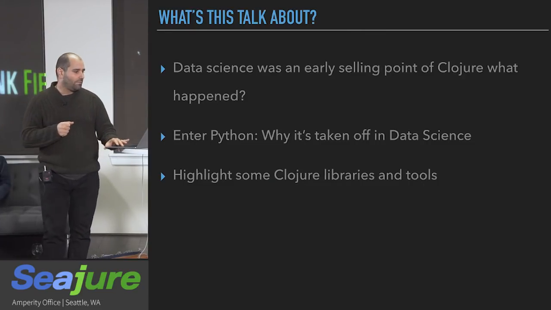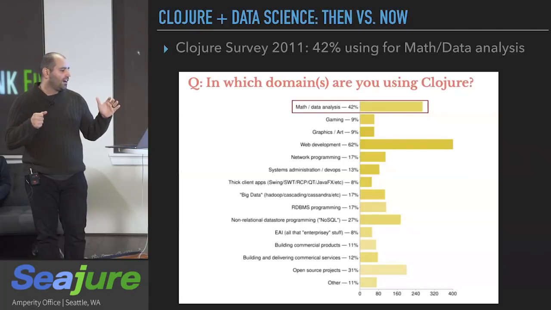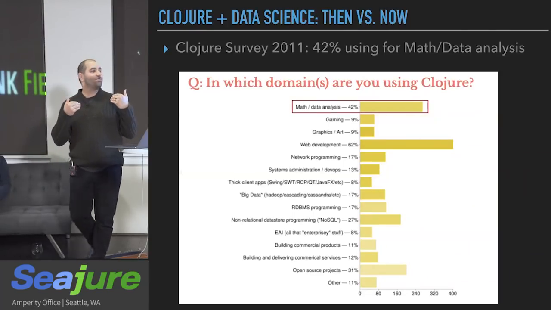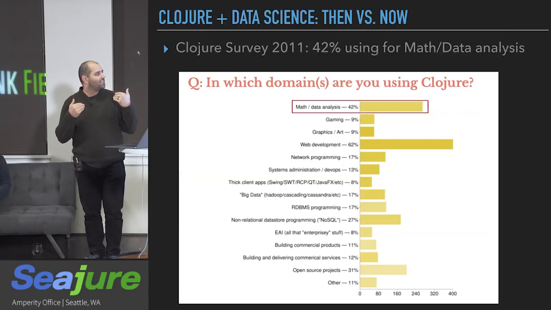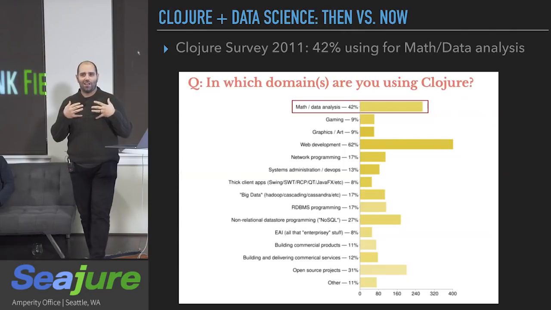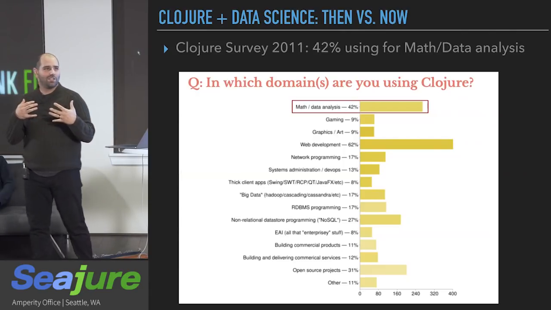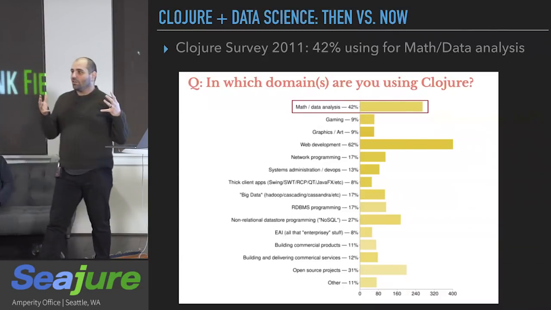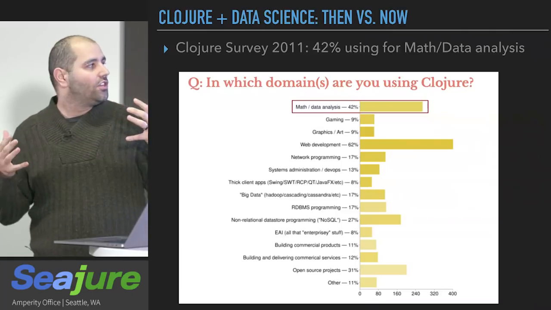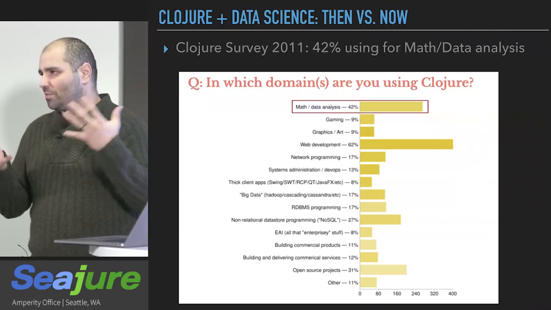Okay, so first off, let's take a journey back to 2011. I think either the first or the second Clojure survey that was actually done by Smeric, if I'm not mistaken, back when he was active in the community, had a question about what domain you are using Clojure for. The number one answer was web development, which is unsurprising.